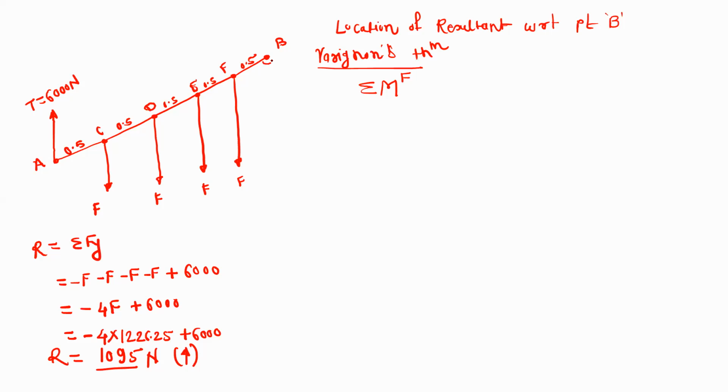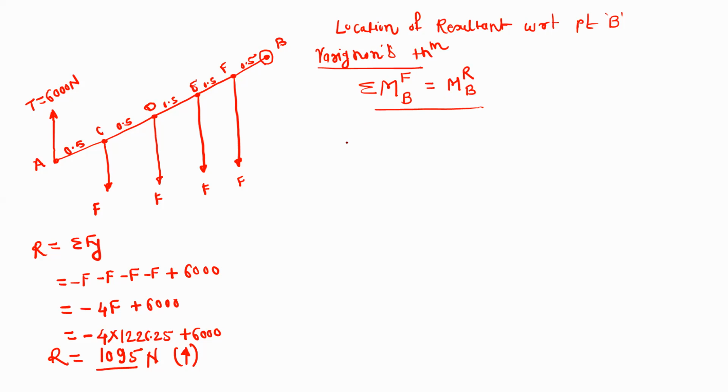So we want to find out the location with respect to point B. So we will take the summation of the moments of all the forces in the system about the point B. It is equal to the moment by the resultant about the same point B. So this is the mathematical equation for Varignon's theorem.